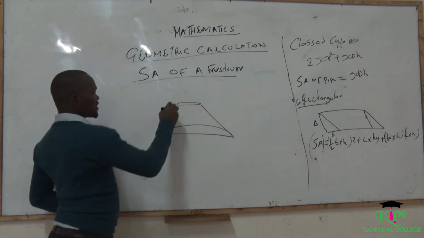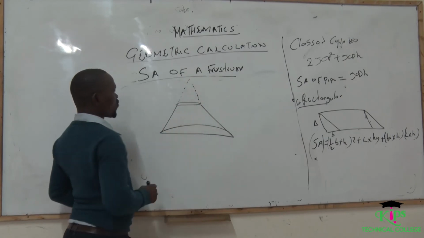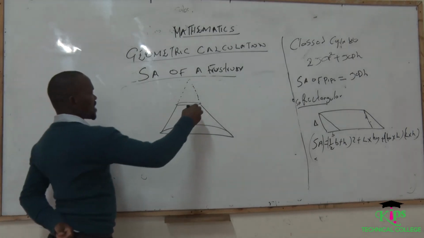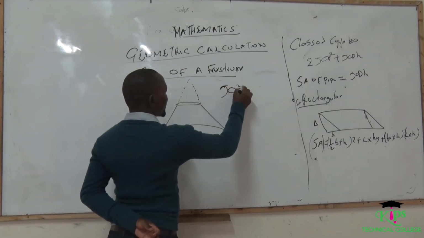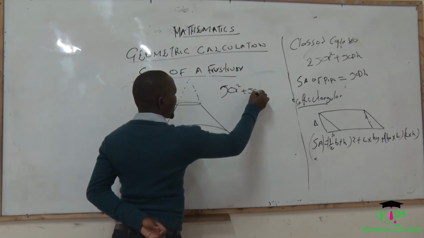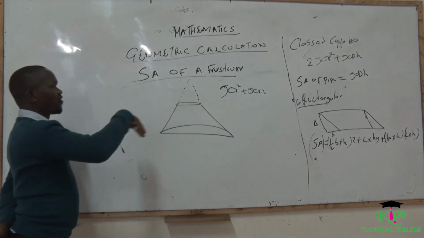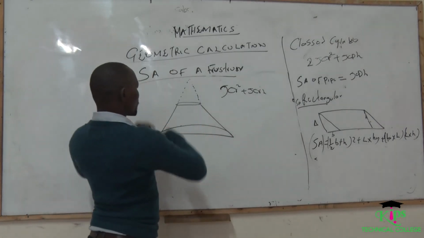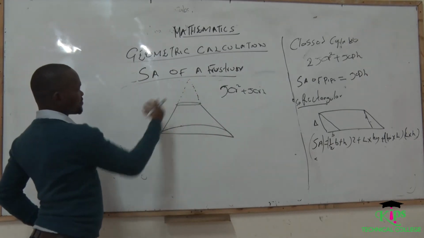For us to calculate the surface area, we have to assume that it is a full cone. We know that the surface area of a cone was given as pi r squared plus pi r l. So we calculate the surface area of the bigger cone, assuming it is full. Then we take the surface area of the small cone which has been cut.